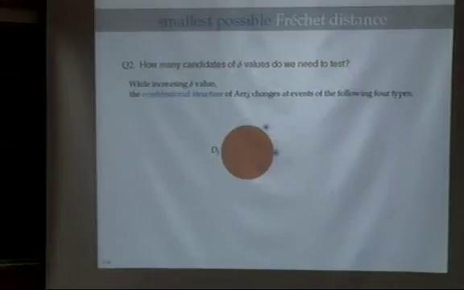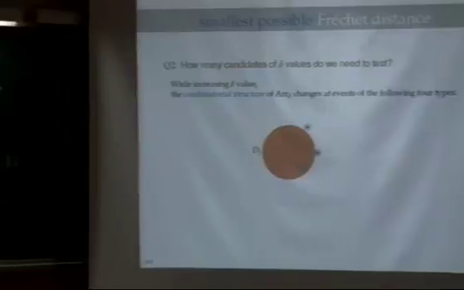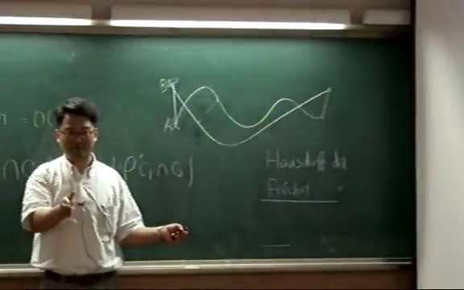And then what we do is sort them in increasing order, and then apply binary search using the previous decision algorithm. So you have sorted delta values, and in the middle you call the decision algorithm.